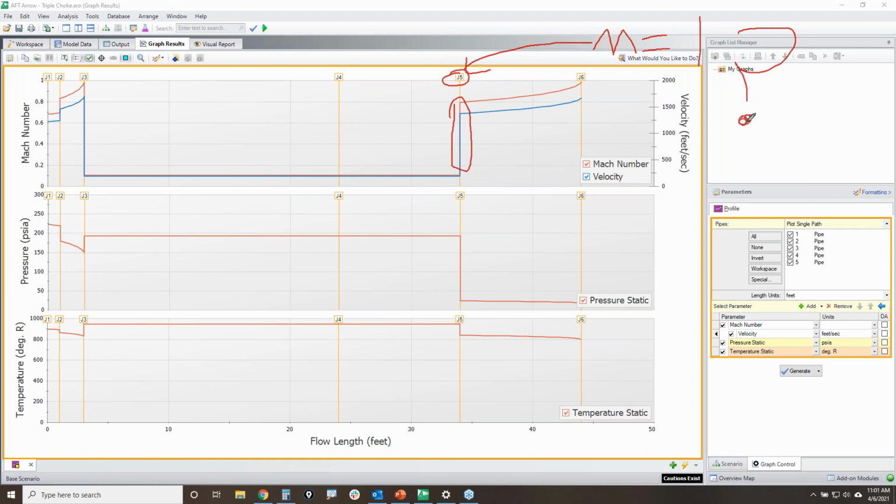Well, the reason why is because the Mach number equals 1 inside the orifice plate. This is a graph of the Mach number in the pipes. Okay, so here we see a high Mach number inside the pipes, but where it actually equals a Mach number of 1, that's going to be inside the junction itself.